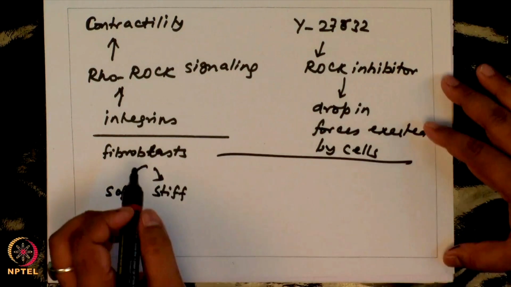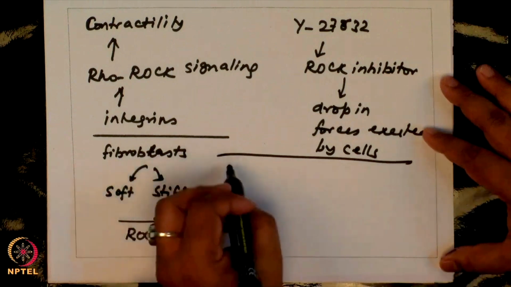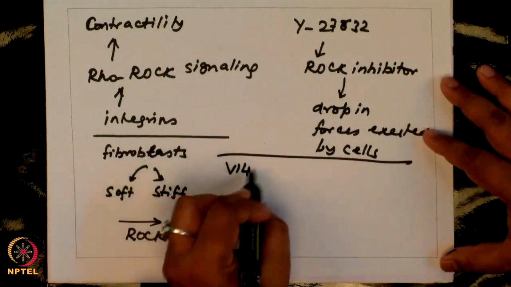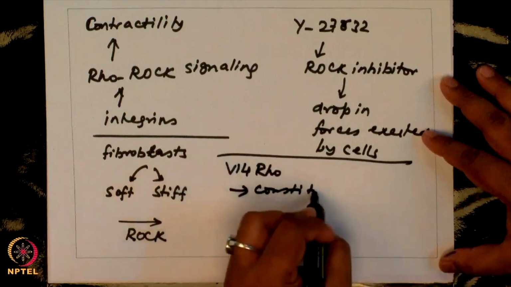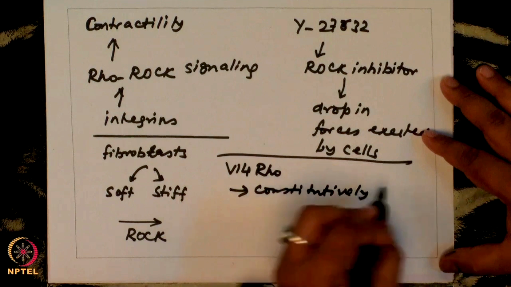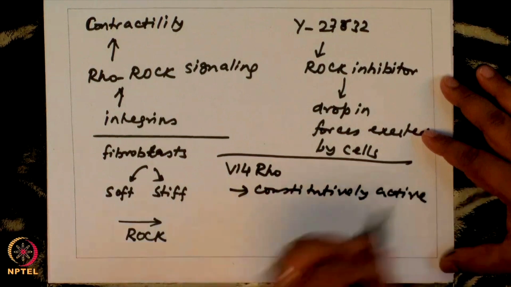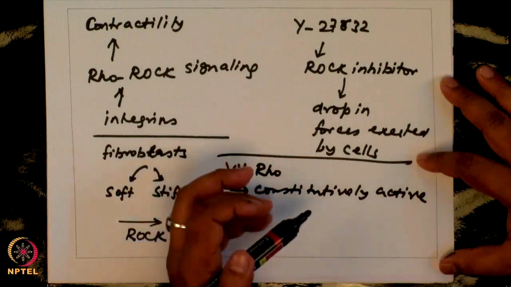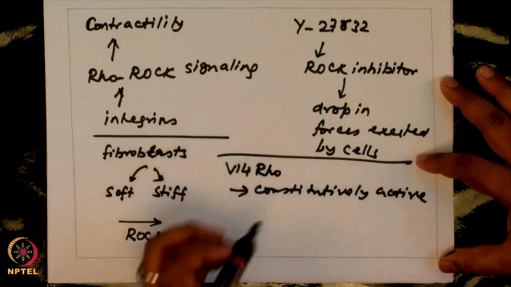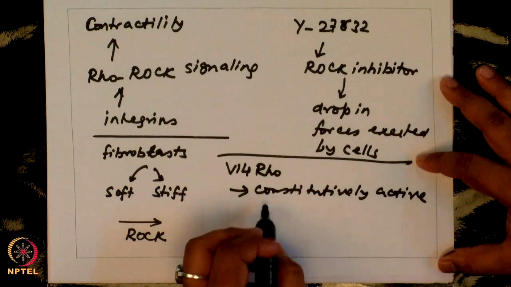They also did this experiment where they transfected cells with V14 Rho. It is a constitutively active construct, so Rho is always activated, and they showed that in the presence of this there was an increase.